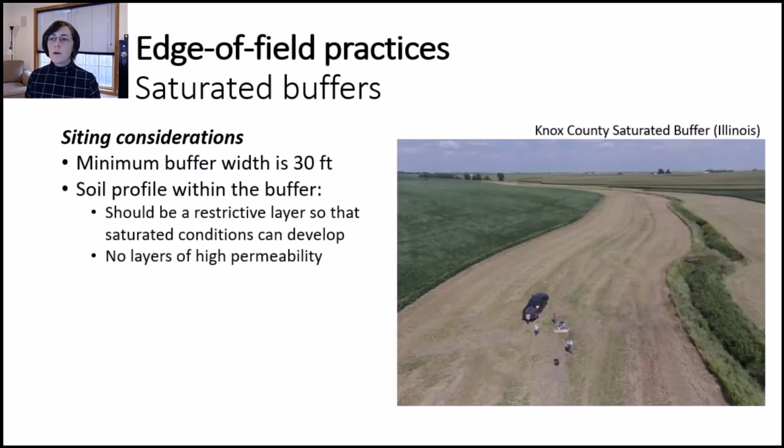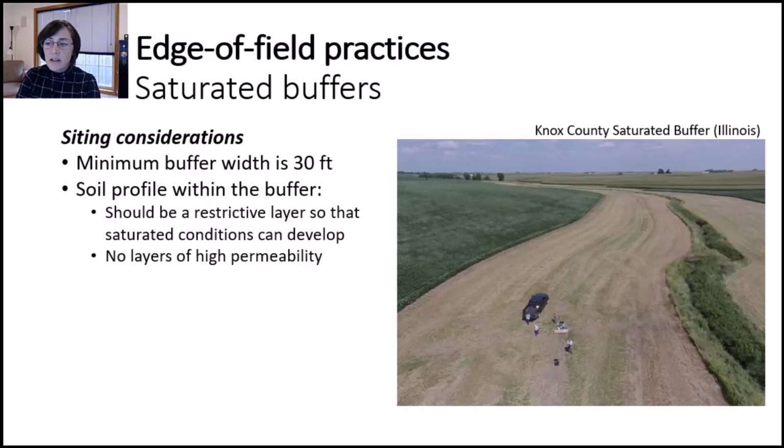There are some important soil characteristics that you need if you want to have a saturated buffer. You need in your soil a restrictive layer, like a tight clay layer somewhere along the soil profile, because remember you're going to try to encourage denitrification to happen within the buffer's soil.